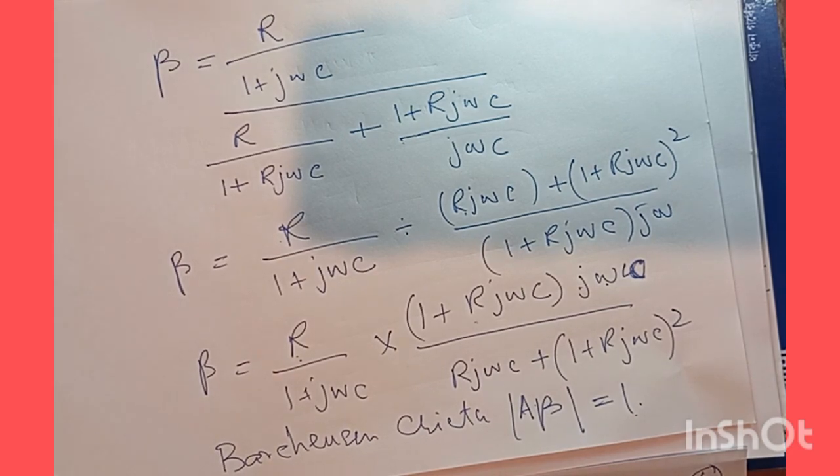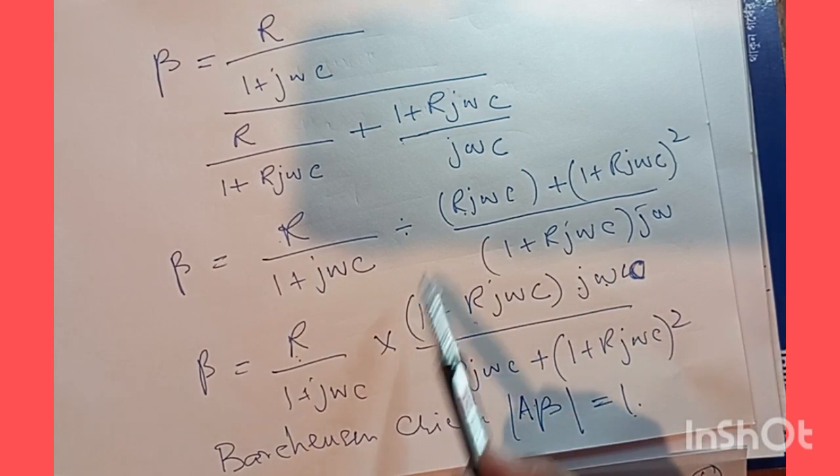Is 1 plus R J omega C by J omega C. 1 plus R J omega C divided by J omega C is correct. Okay, then ZP. What is ZP? It is R by 1 plus J omega C and R. That's correct, right?